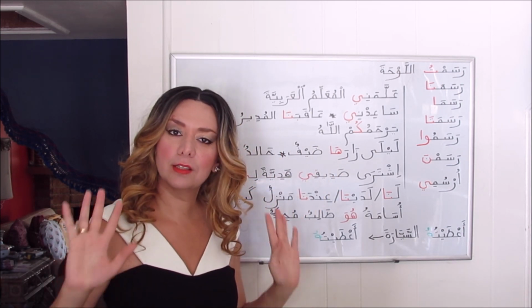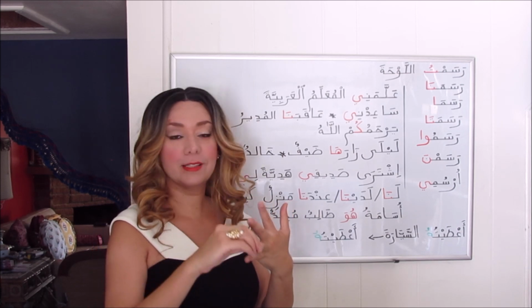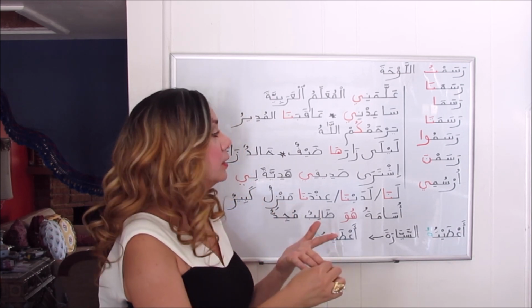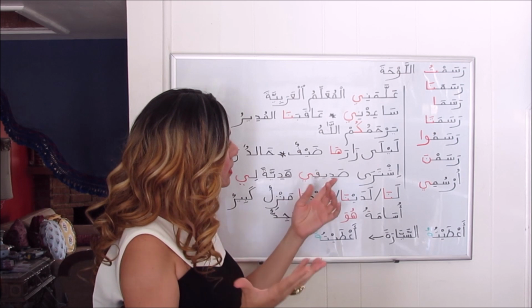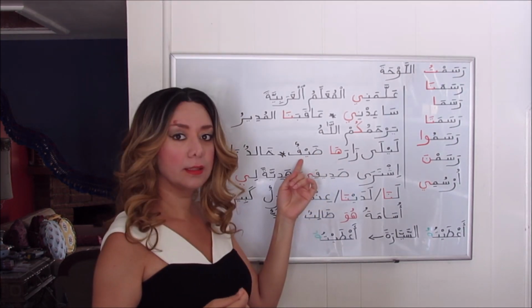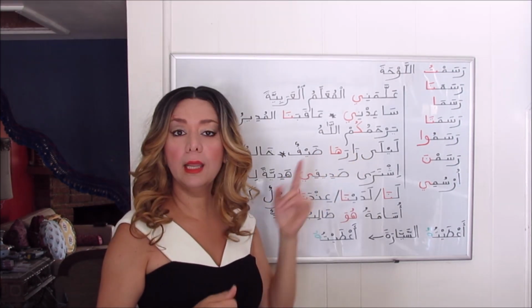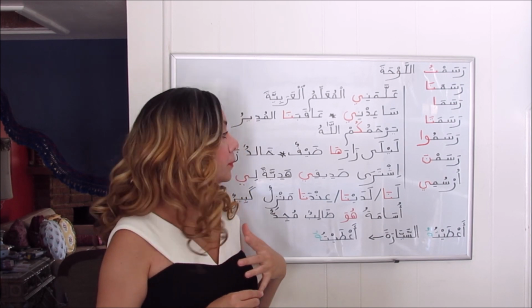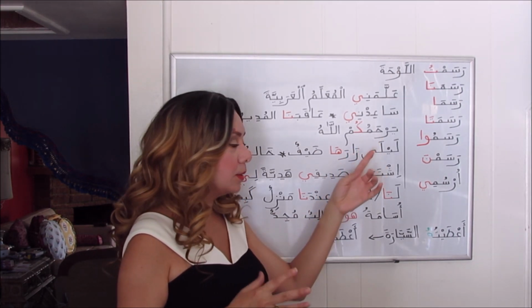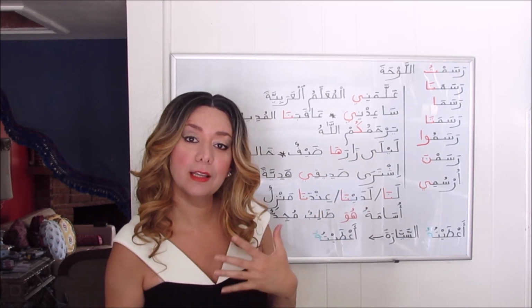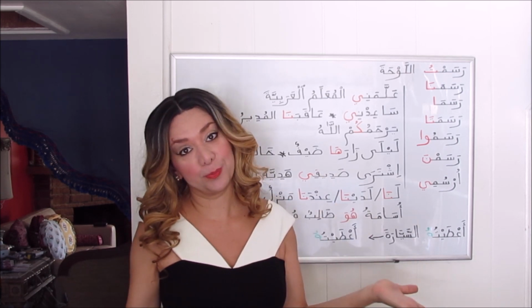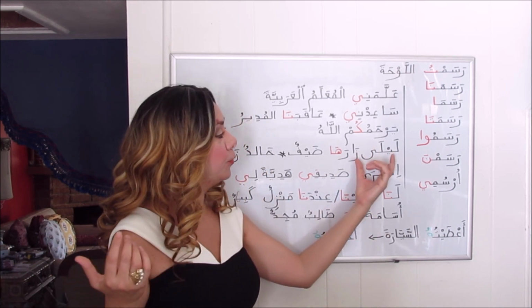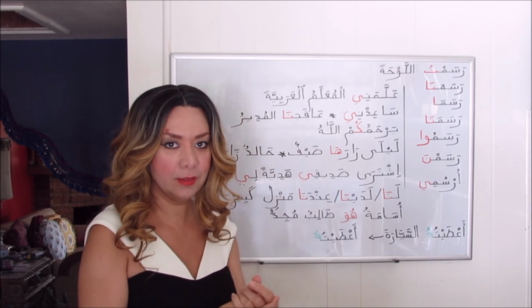I could just use verb plus subject plus object and simply say zara dayfun Layla. But this is a more complicated, sophisticated grammatical construction. So first we refer to the person.